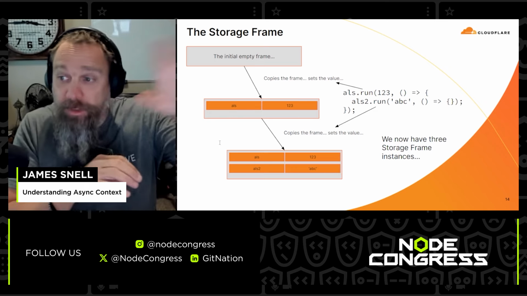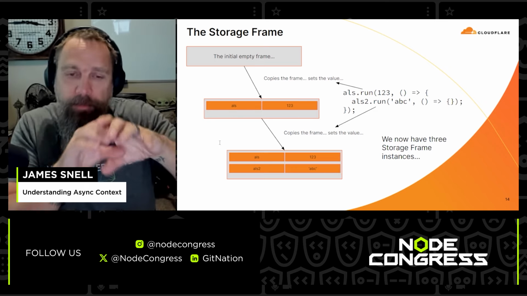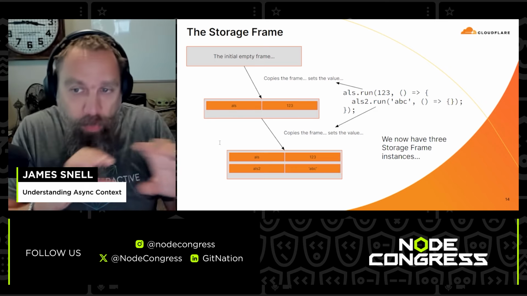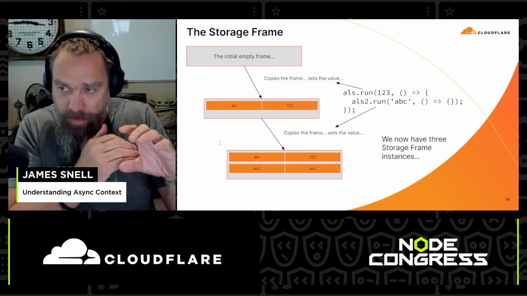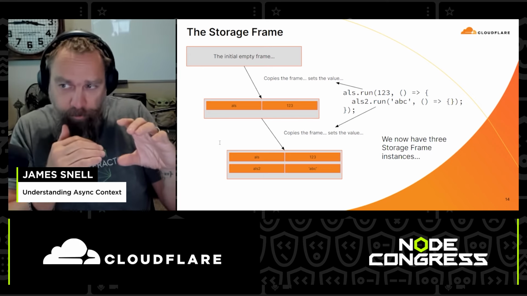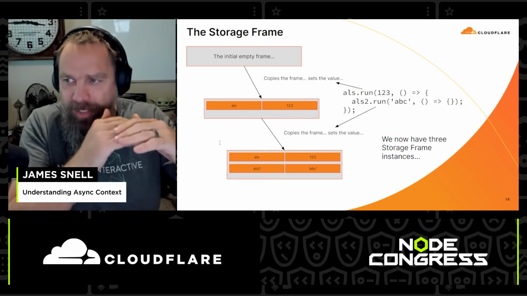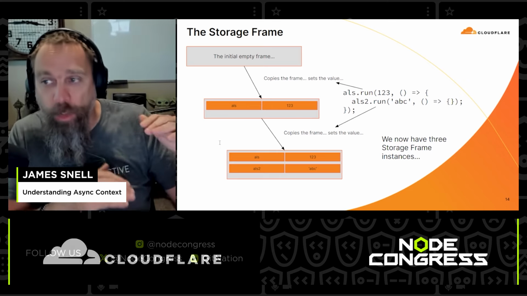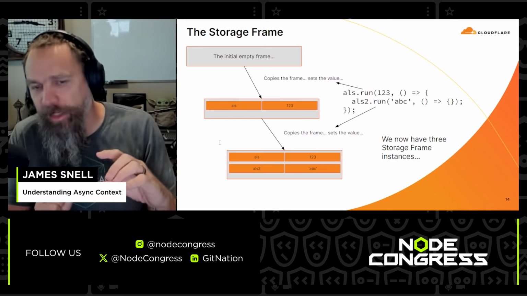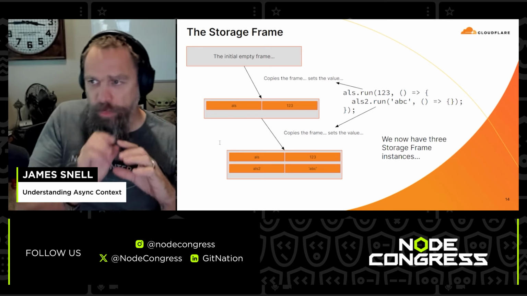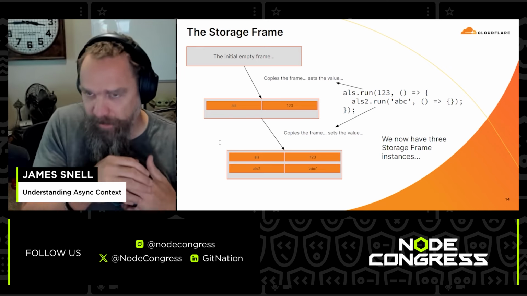That initial frame still exists, it's still there, but the new frame becomes the current one. And when we call ALS2 run, another instance of async local storage, we copy that second frame into a third, and then set the ALS2 value in addition to the ALS 1, 2, 3 that was already there. So in this case, we now have 3 storage frame instances.